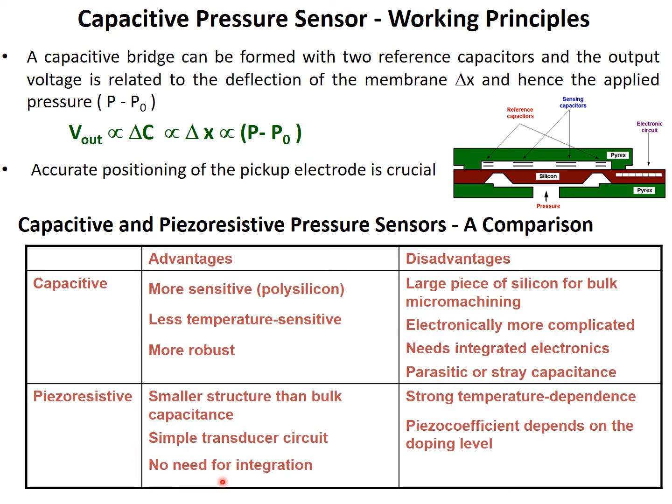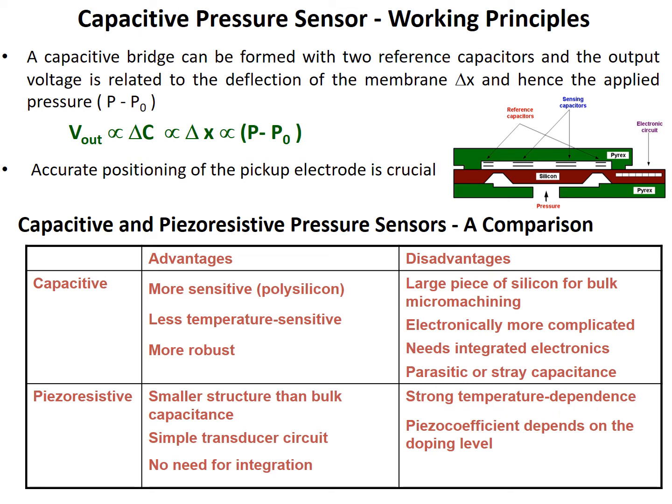Fine. Another advantage is that integration may not be required, right? Because in case of capacitive sensing the stray capacitance effect is high, that's why the integration is highly important. Whereas in this case, direct integration may not be needed. You can use some sort of hybrid packaging, or you can connect the sensors and the circuits together externally and separately, right?